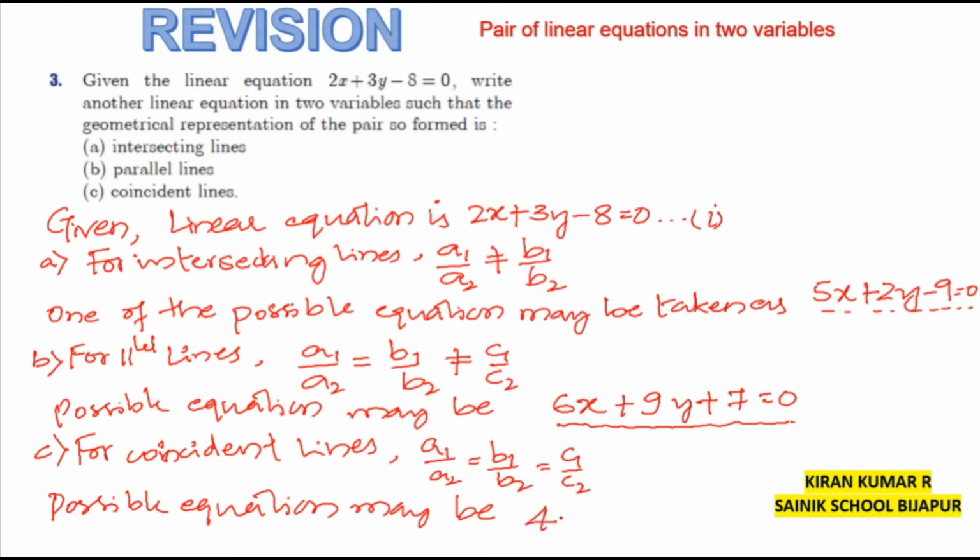Suppose if I take 4x plus 6y minus 16 equal to 0, look at the ratio of A1 upon A2. It's 1 by 2. B1 upon B2 is 1 by 2. C1 upon C2 is also 1 by 2. So this may be the equation for second line.